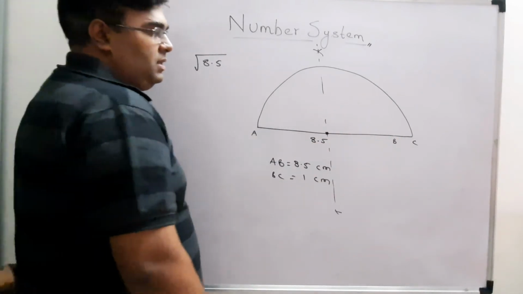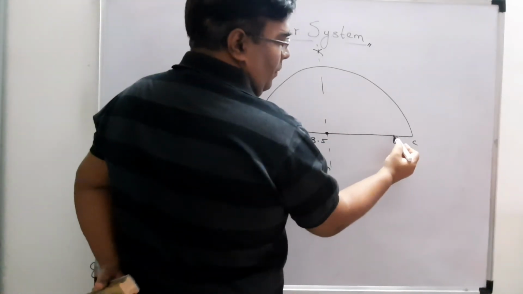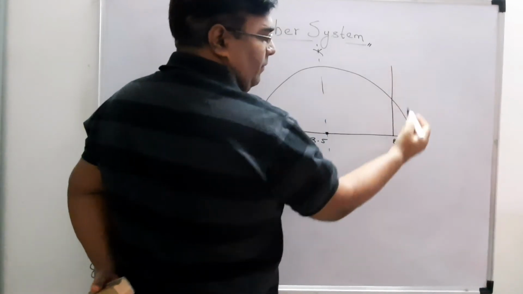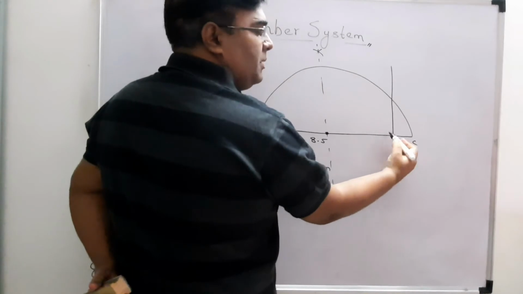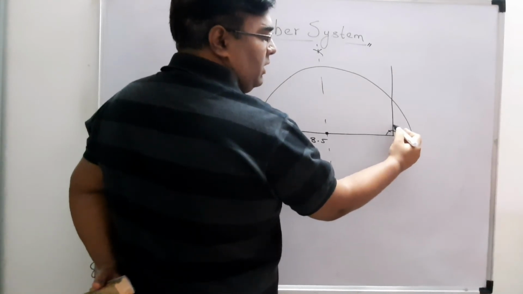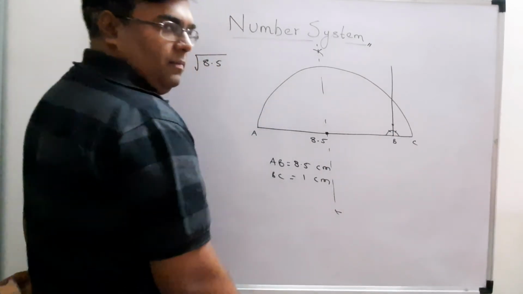Now next part is you need to draw a perpendicular on B. How to draw a perpendicular? By compass also you can draw a semicircle, 60, 60 and then like this. Okay.